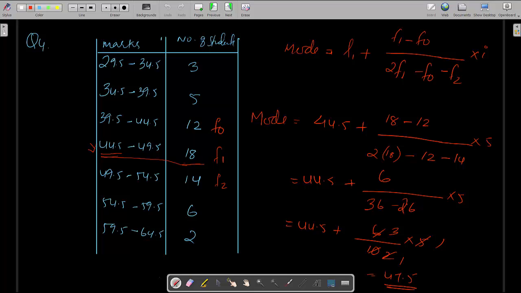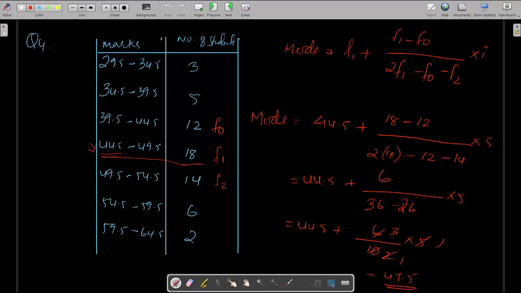Here, this is a continuous series. This is question number 4. This is the frequency that is given there, and these are the marks allotted in practical question number 4.